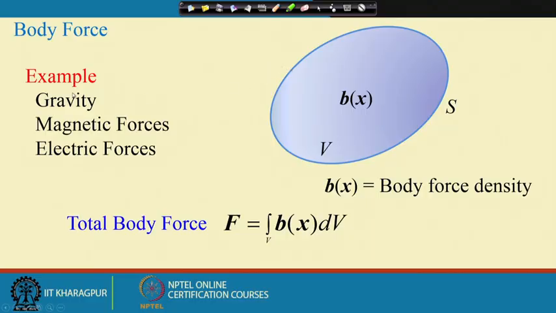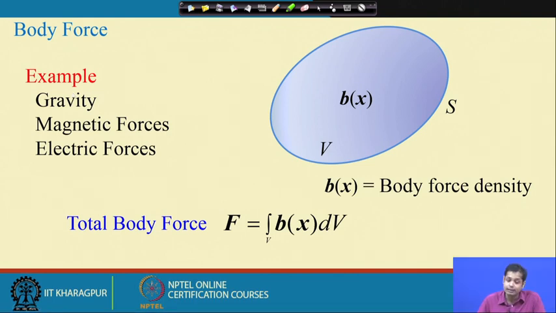The first thing is the body force. Gravity is a body force, and magnetic forces and electric forces are body forces too. The body force acts over the entire body, and it is defined by, suppose, a function Bx. For instance, if it is gravity, then it is the density, how the density is distributed over the body.